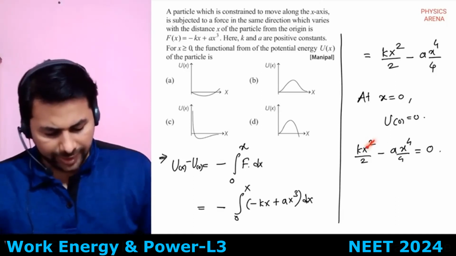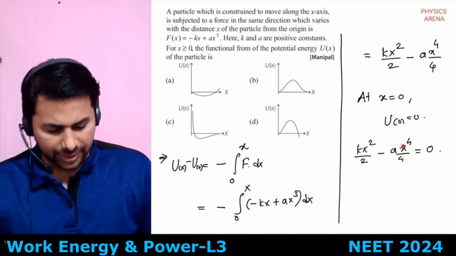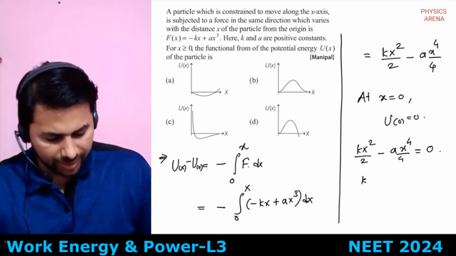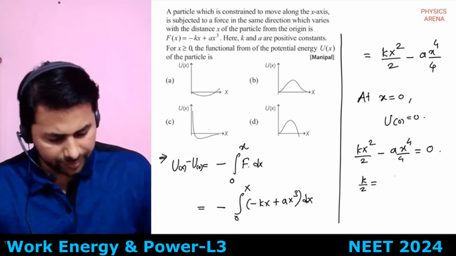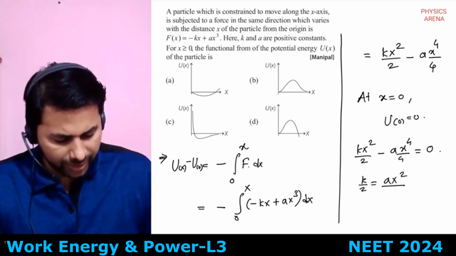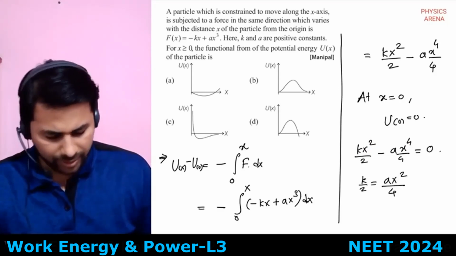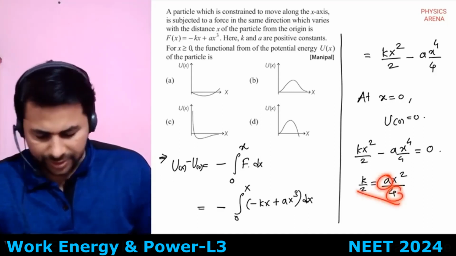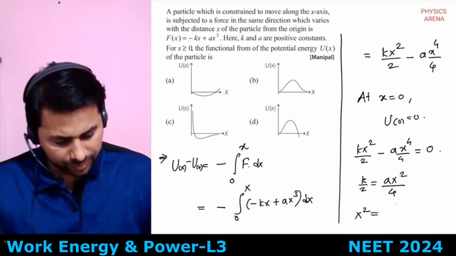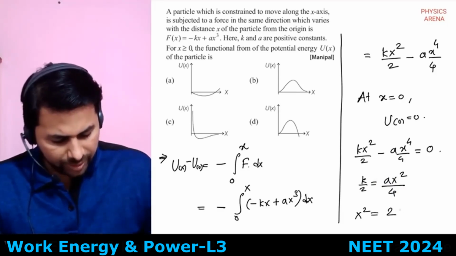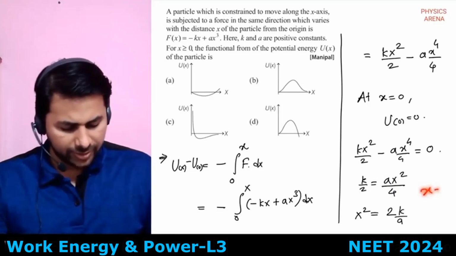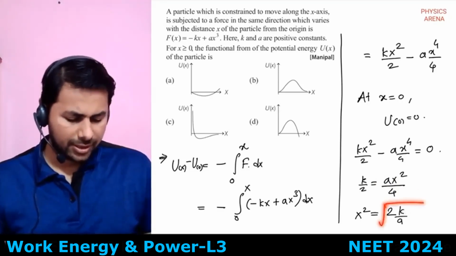I will cancel out x square, so k by 2 will be equal to a x square divided by 4. Take 4 on this side, a on this side. You get x square equal to 2 times k by a, and therefore x is the square root of this.